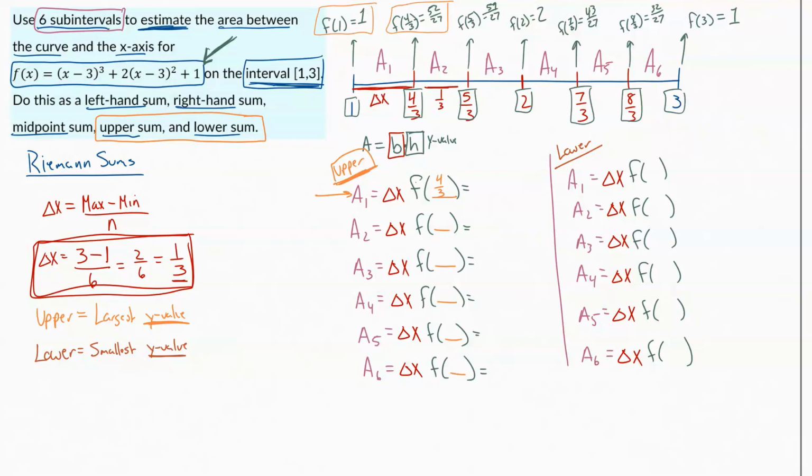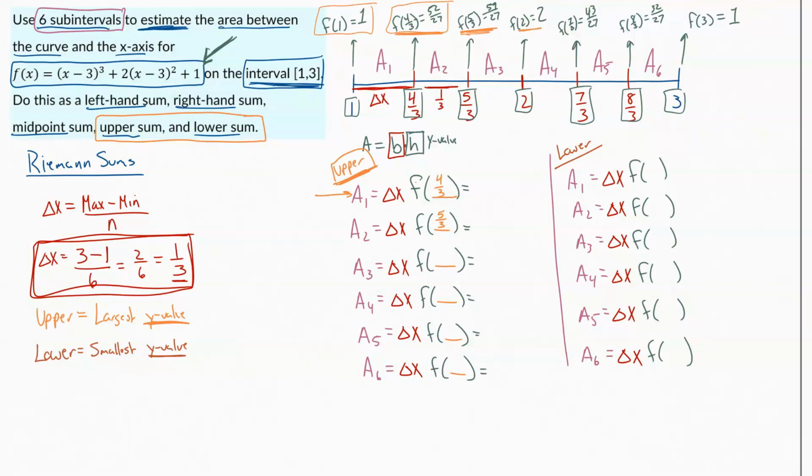Going to A2 now, you are comparing between the left side, which is 52 over 27, and the right side, which is 59 over 27. We want the larger of the two, so we are going to choose 5/3 because that gets us 59 over 27.